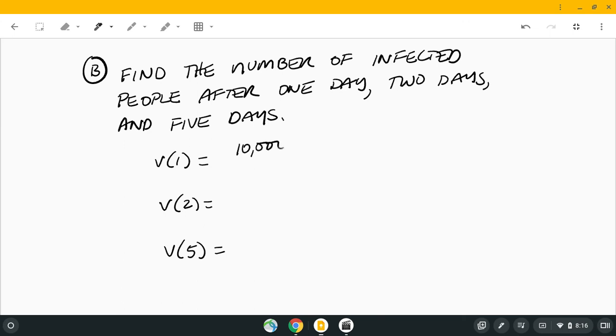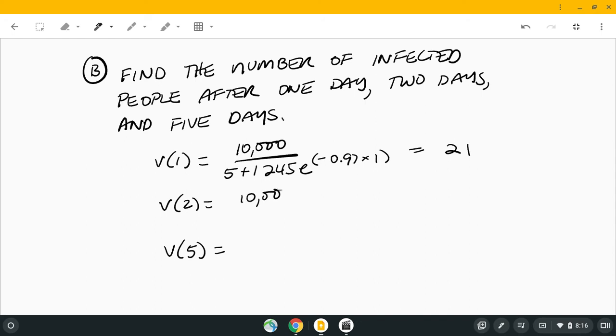So it's 10,000 over 5 plus 1,245 e to the negative 0.97 times 1. If you punch that into your calculator, initially there were 8. After 1 day, now there are 21 people infected.